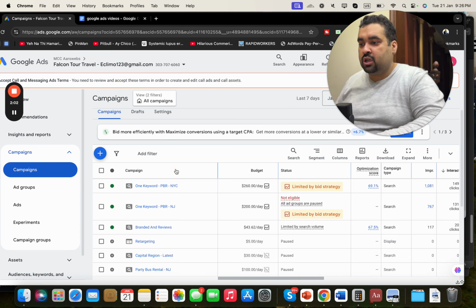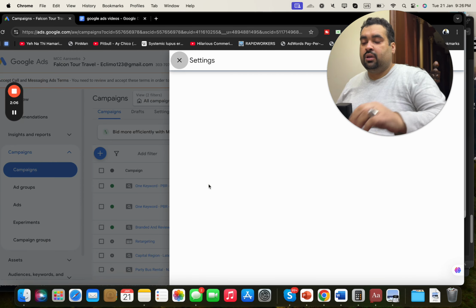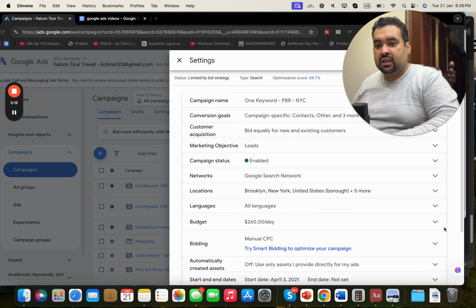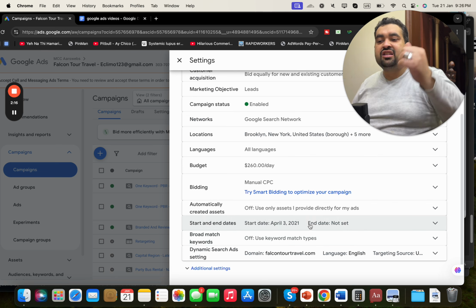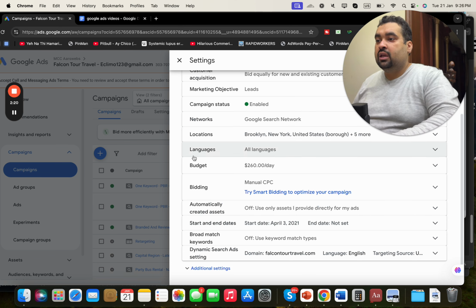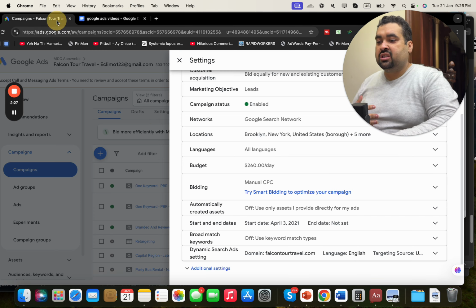For ad scheduling, let's say we're going with this campaign, you just move on to the settings over here. You can see that usually some campaigns have start and end dates. So this can cause an issue. Plus the second issue is timings.